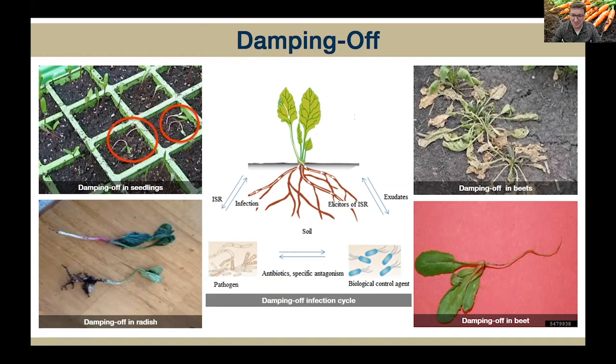The infected plants typically fail to emerge from seed, or the seedlings will collapse and die soon after germination. The stem will turn black and shrivel, and that prevents water from going from the roots to the leaves.